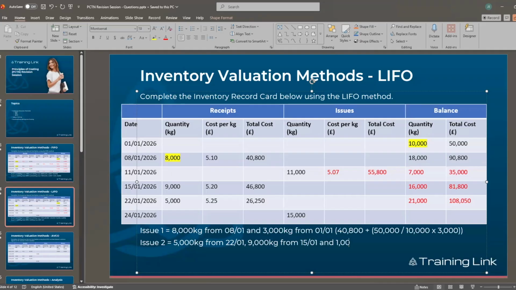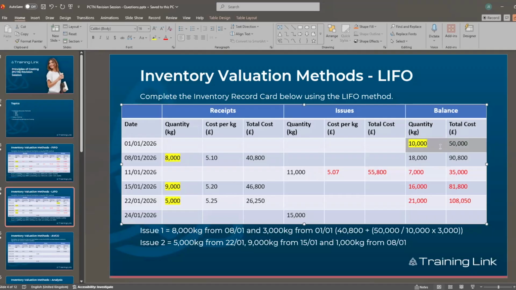And then that leaves us with 1,000 kilograms left, which we're going to take from the 8th of the 1st. So using all of these, that's 14,000 there. Still need 1,000 to make up our 15. So we're going to take 1,000 from here.